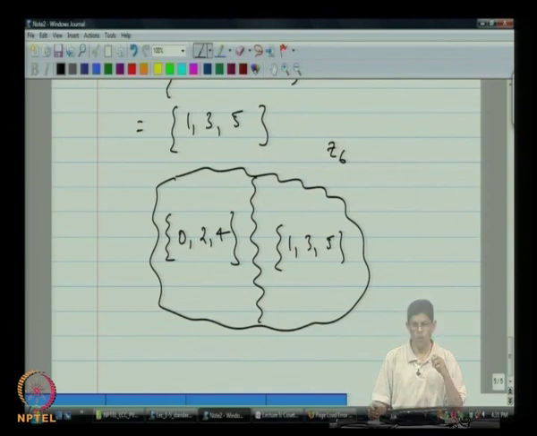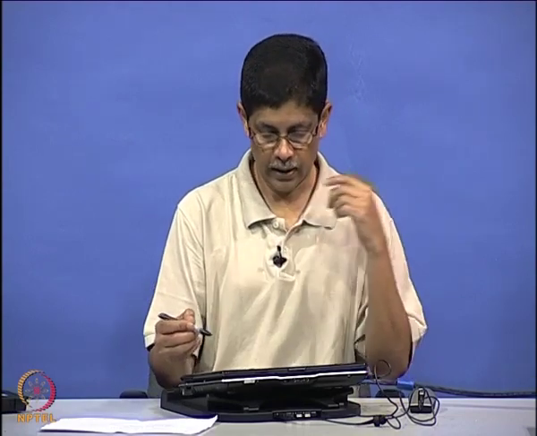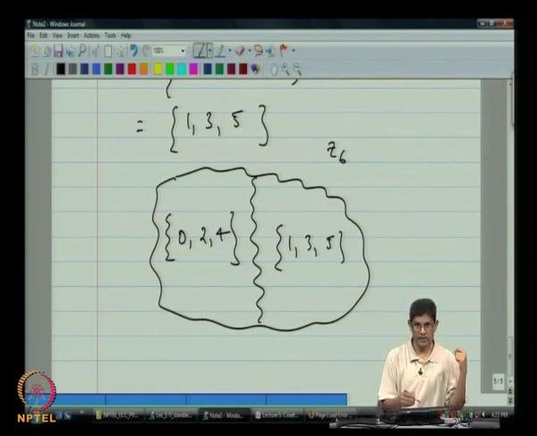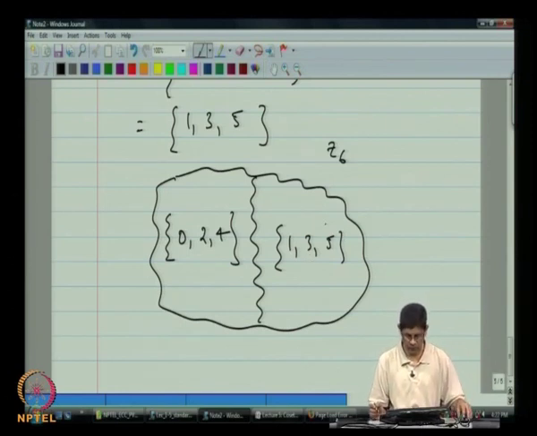Why are there no more? Because if there was a further equivalence class, it must contain some element of Z6, which means that it either contains an element in {0, 2, 4} or {1, 3, 5}. But either way, if it contains 0, then it coincides with the equivalence class of 0. If it contains, let us say, 3, then it must coincide with the equivalence class of 3. So these are the only two equivalence classes.